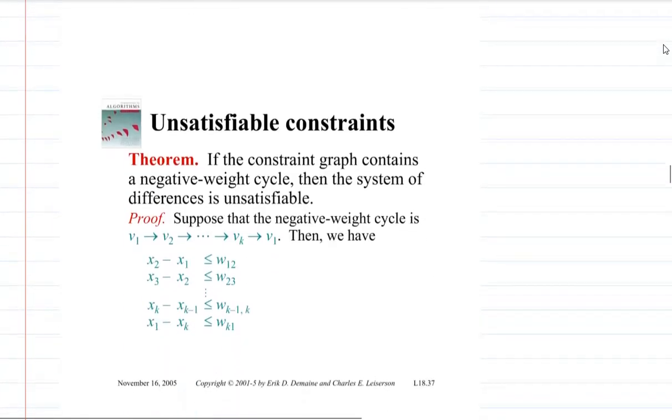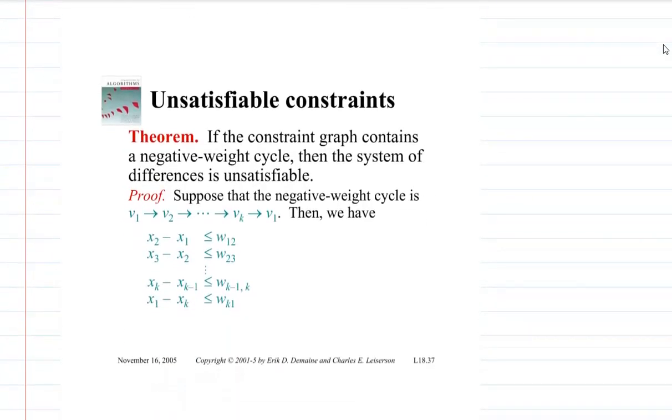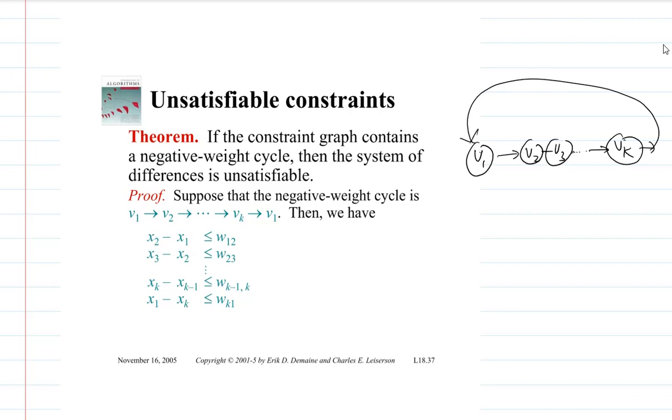So the proof is, suppose that there is a negative weight cycle. That means we have V1 going to V2, V2 going to V3, and this goes up to some vertex Vk, and this comes back to the starting node.